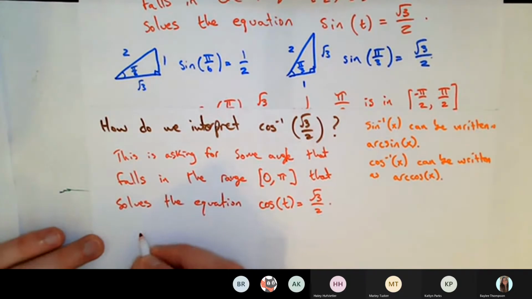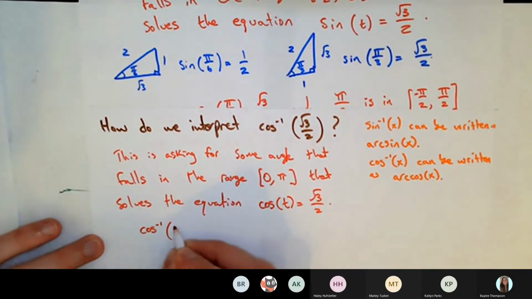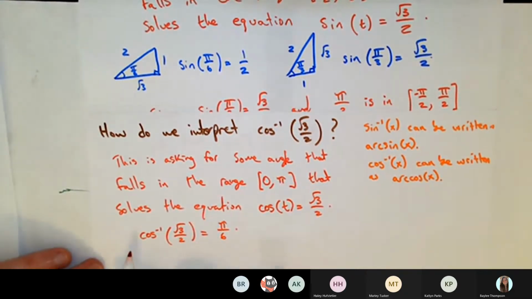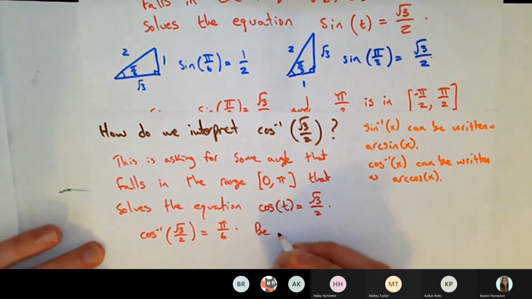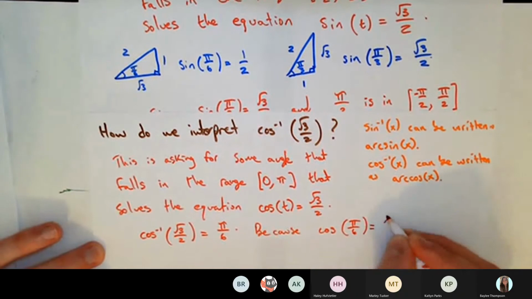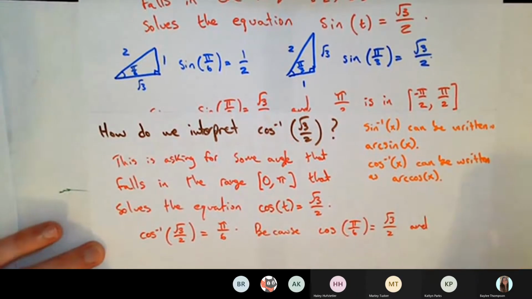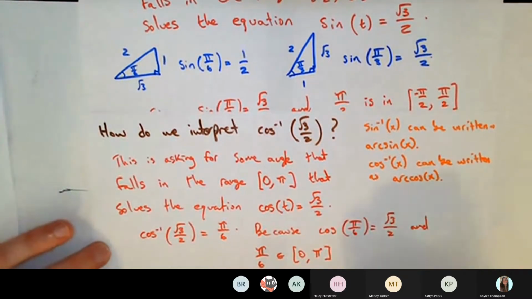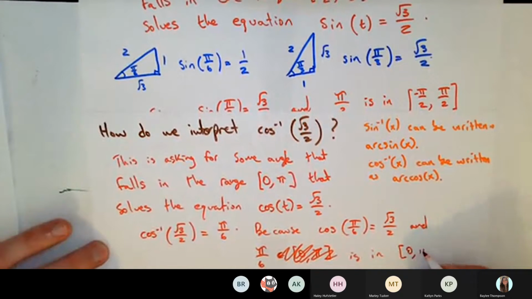Cosine inverse of square root of 3/2 then would be pi on 6, because cosine of pi on 6 is equal to square root of 3/2, and moreover, pi on 6 is in the range 0 to pi.